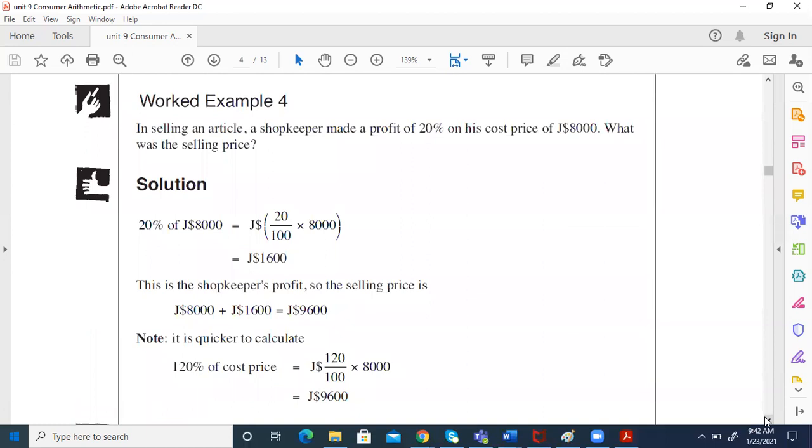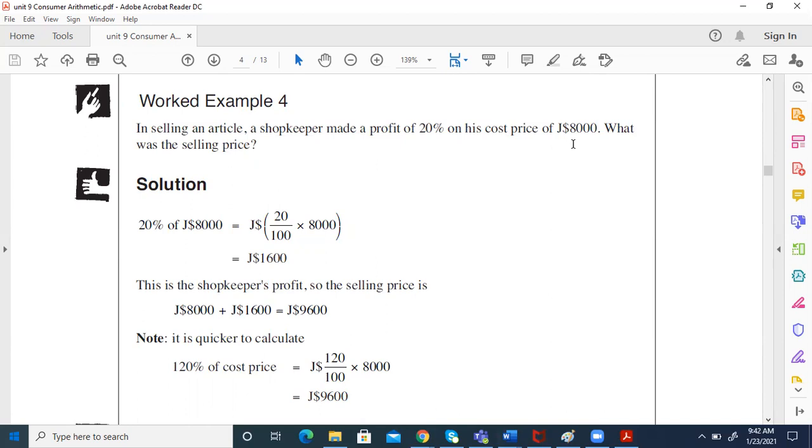Next up, we have this example. It says, in selling an article, a shopkeeper made a profit of 20% on its cost price of 8,000. What was the selling price?